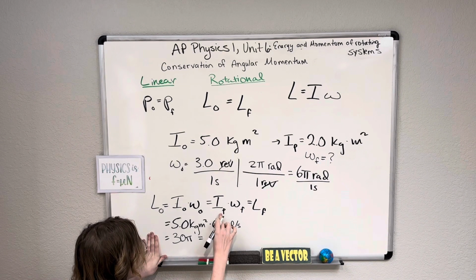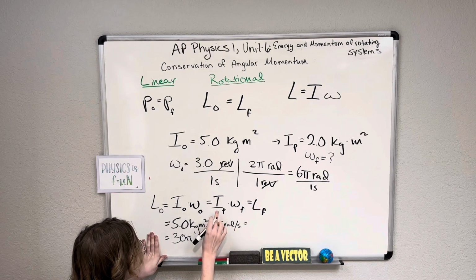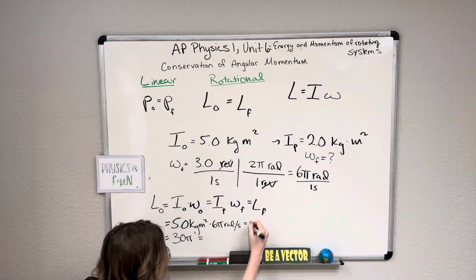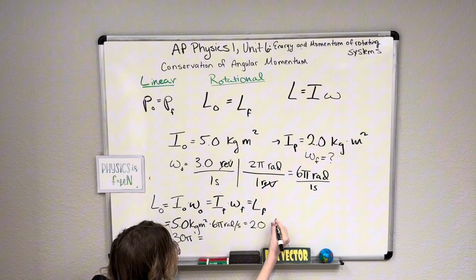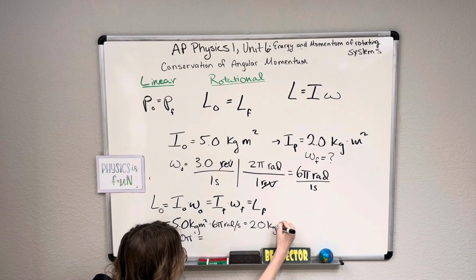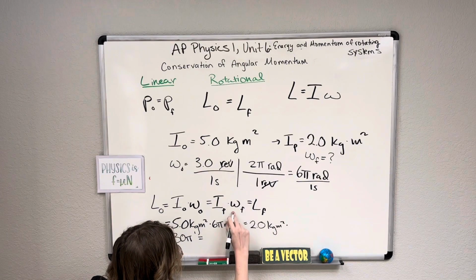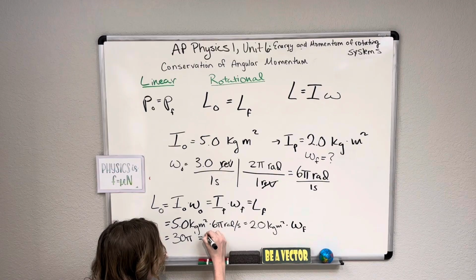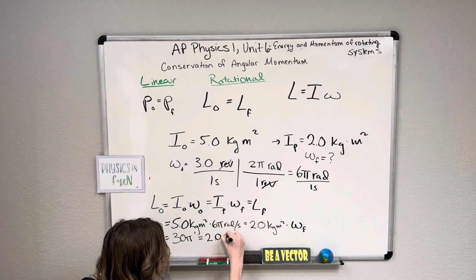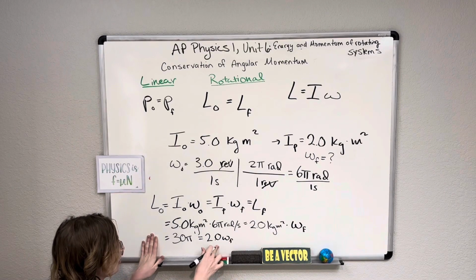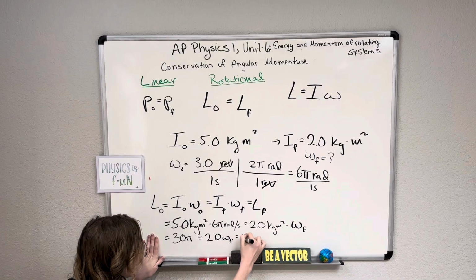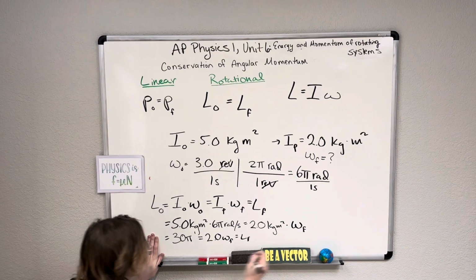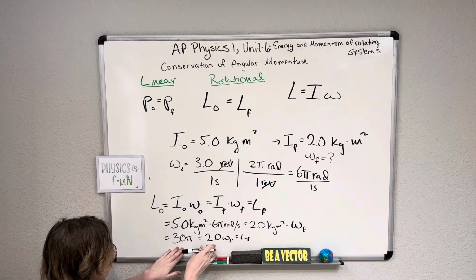We know that this is going to be equal to our final moment of inertia, 2.0 kilogram meters squared, times our final rotational velocity. So now when I solve for my omega final, I'm just going to divide both of these sides.